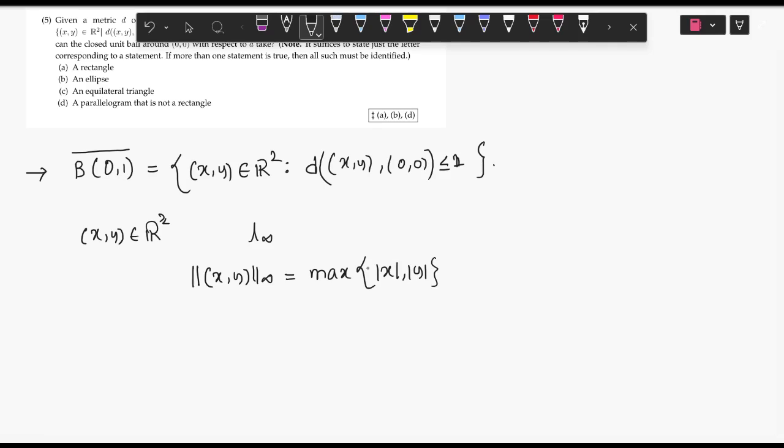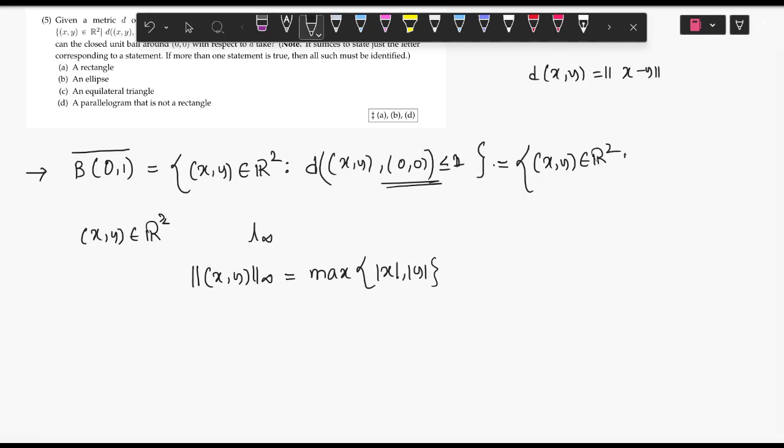Now, as D is induced by the norm, we can write the set as all (x, y) belonging to R2 such that, for a normed linear space, D of (x, y) is nothing but the distance between x and y.